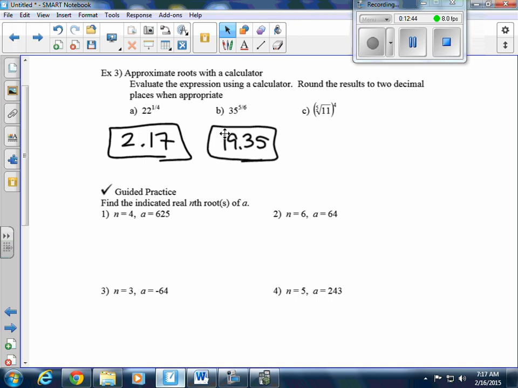If we have the 5th root of 11 to the 4th power, you can do that in a couple of different ways. This really means 11 to the 4/5, or you could put it in as the 5th root of 11 to the 4th power. Let's do it as it's written.